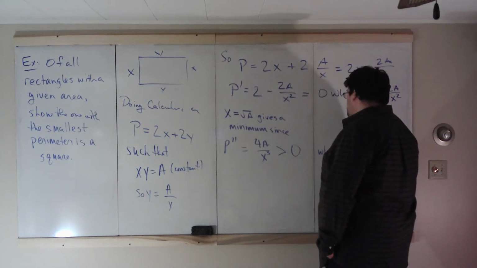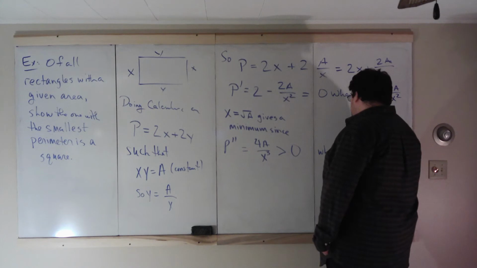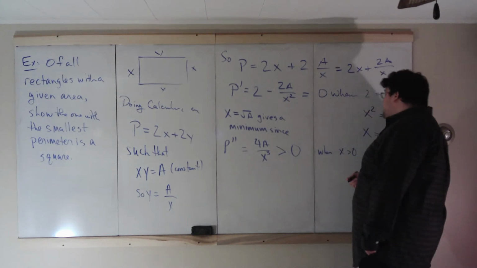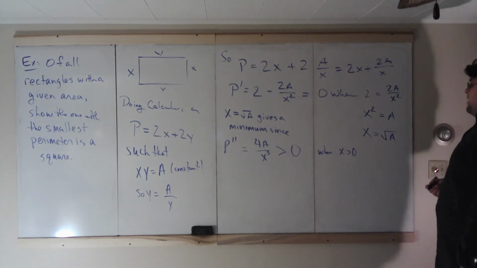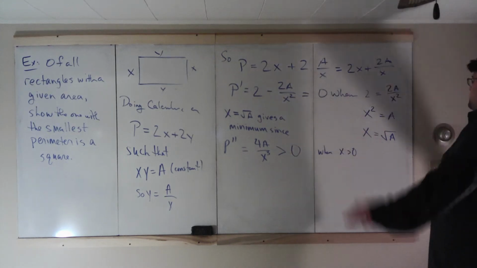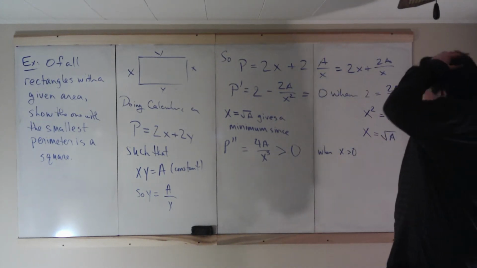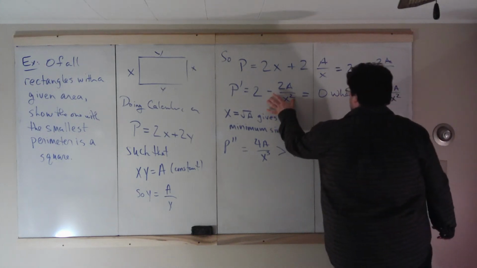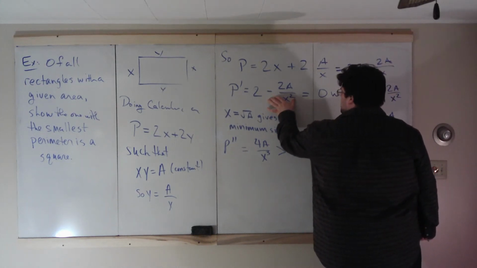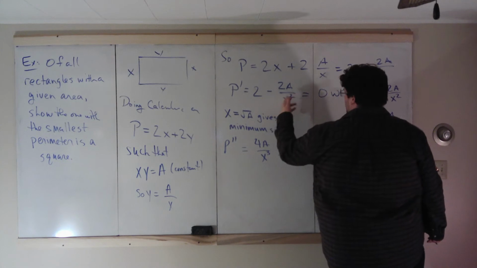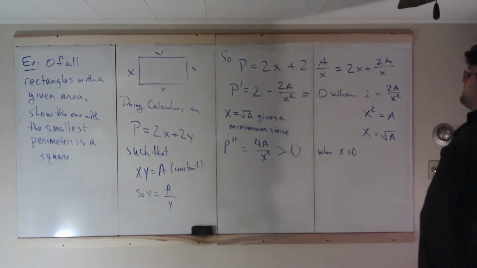It's positive when x is greater than 0, on our entire domain. You could say when x equals root A. I'll just say when x is in our domain. Where did that derivative come from? Well, negative 2A x to the negative 2. Power rule makes it positive 4A x to the negative 3.